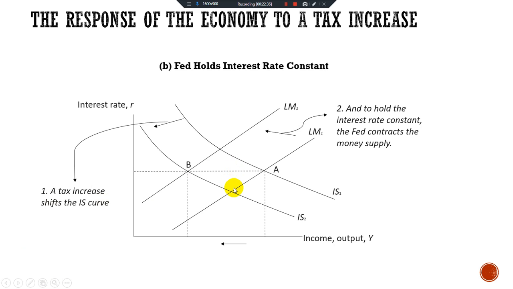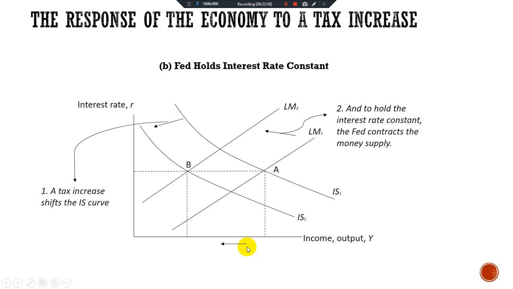The central bank must decrease the money supply to keep the interest rate at its original level. This fall in the money supply shifts the LM curve to the leftward or upward. The interest rate does not fall, but income falls by a large amount.